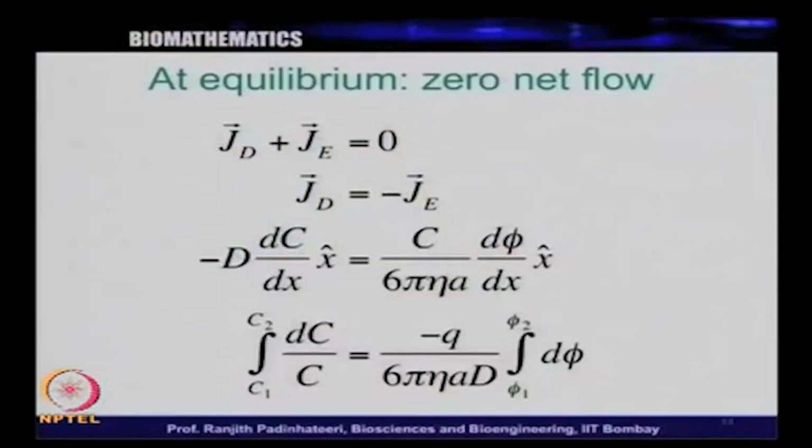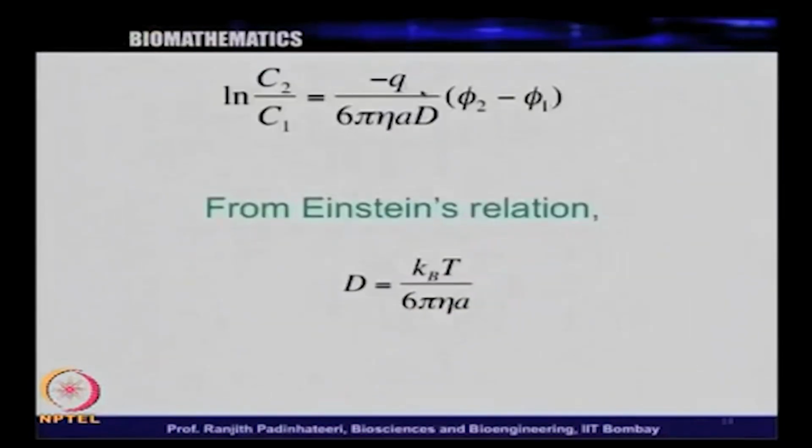So, let us have a look here. What we have is this, and now there is something called the famous Einstein's relation. Einstein, in his very famous 1905 paper, derived a relation between the diffusion coefficient d and temperature and viscosity.